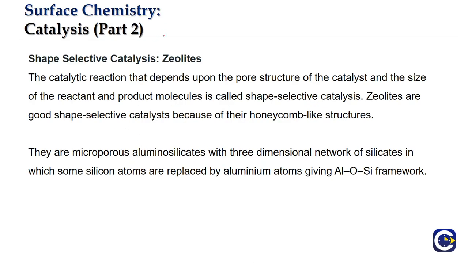Now when we were discussing the characteristics of catalysis, we talked about the selective nature of catalysts. We even saw the example where the reaction between carbon monoxide and hydrogen, depending upon the type of catalyst that we choose, was able to yield a variety of products.